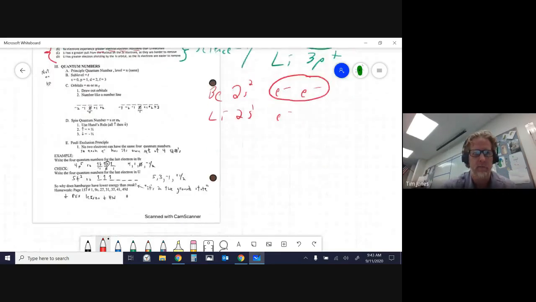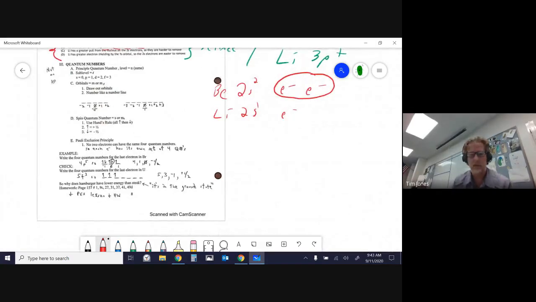Moving along, quantum numbers. Last year, the best that we did was orbital notation. So for example, you might say 2p3, and you would do this.